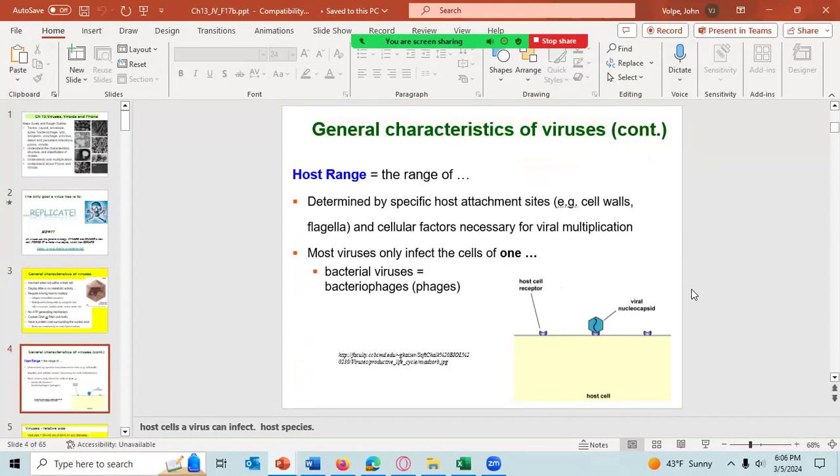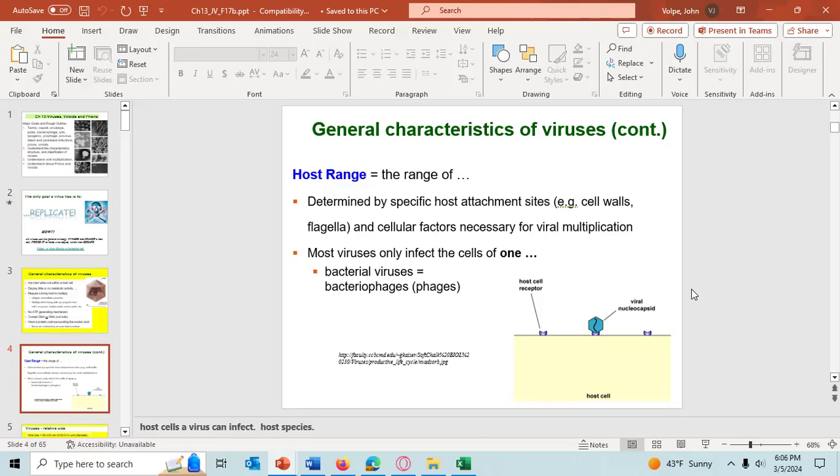The host range of a virus is the range of host cells a virus can infect. This is determined by specific host attachment sites, usually called receptors, that are on cell walls, flagella, or other parts of the cell, as well as cellular factors necessary for viral multiplication.